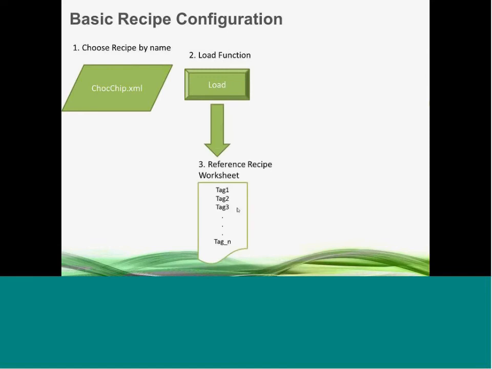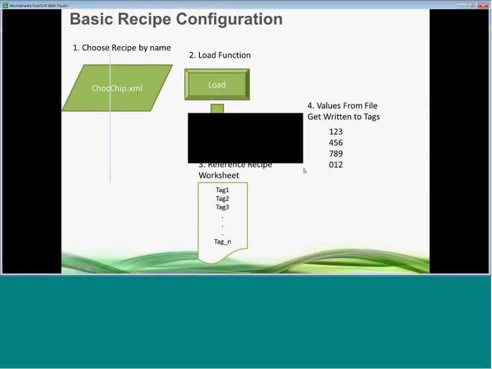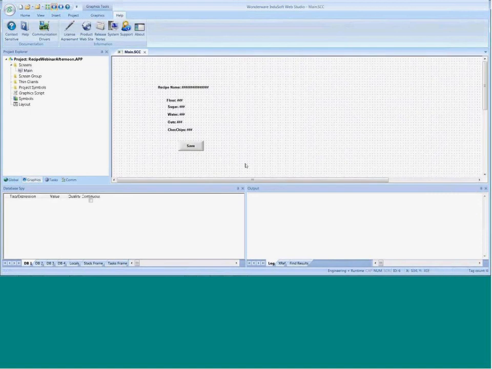And what that's going to do is reference that template that we created, and then load the values from those files, whether it's sugar cookies, chocolate chip cookies, or oatmeal cookies, and then write those values to tags. So let's go ahead and do that now. On that screen, I'm going to copy the save button here.